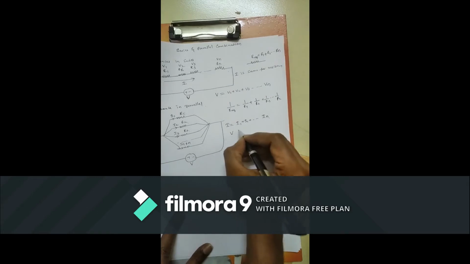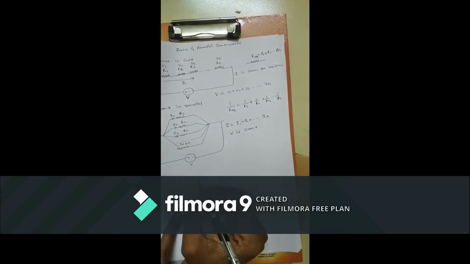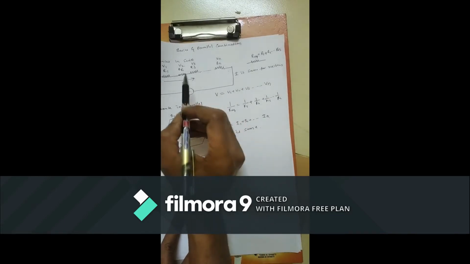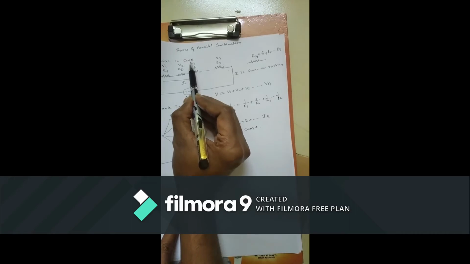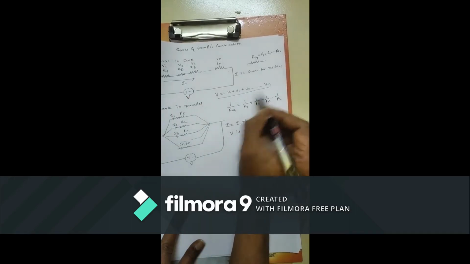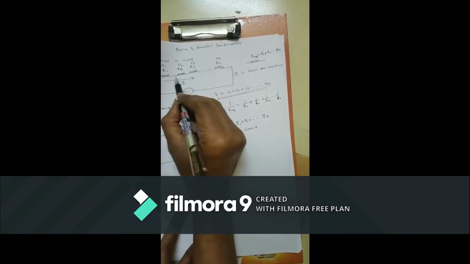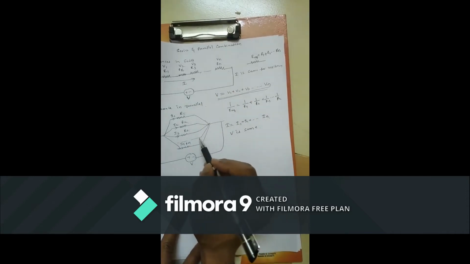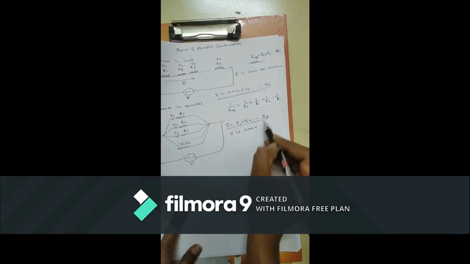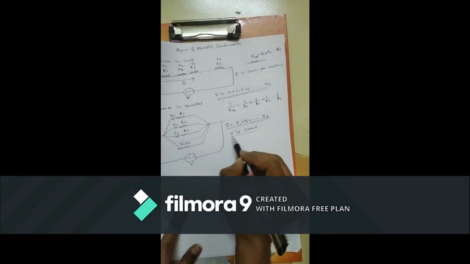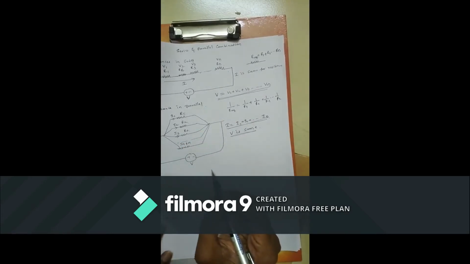In conclusion, a series combination of resistances acts like a voltage divider circuit, and the current is the same for all the resistances, whereas a parallel combination acts like a current divider circuit, and the voltage is the same across all the resistances.